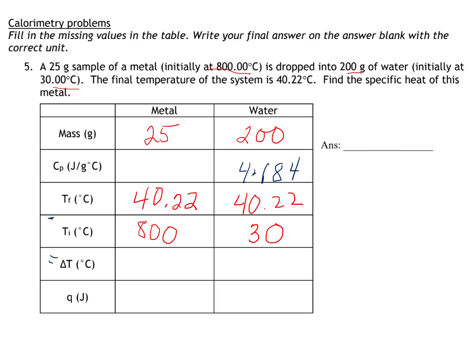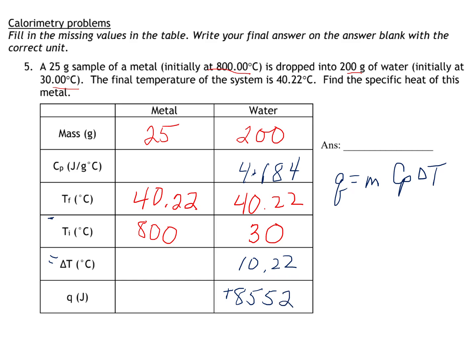So 40.22 minus 30 is 10.22. So now we're going to use Q is equal to mCp delta T, since we have all the values for water, and we get a value of positive 8,552 joules.